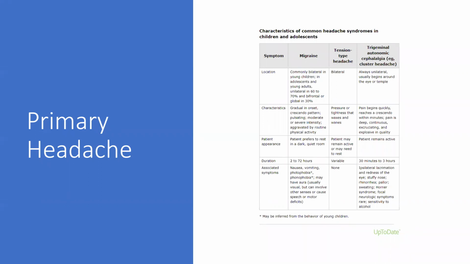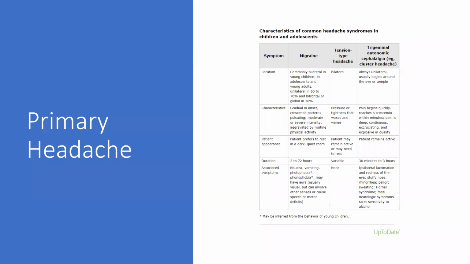So the location. Migraine can be either bilateral or unilateral: unilateral in 60 to 70%, but bifrontal or global in 30%. But again, it could be bilateral, especially in younger children.